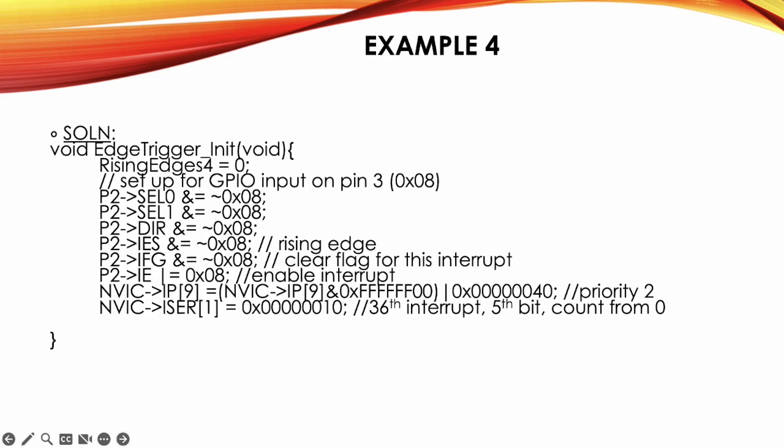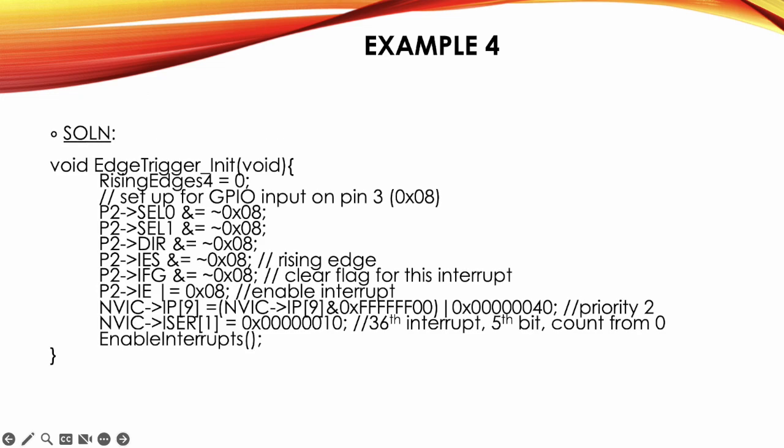So I need the 5th bit counting from 0. That is bit 4, which looks like a hex value of 0x10. That gives me the enable for that interrupt. And then lastly, I just write the enable interrupts command, and I should be able to initialize this edge triggered interrupt on a rising edge using this code.